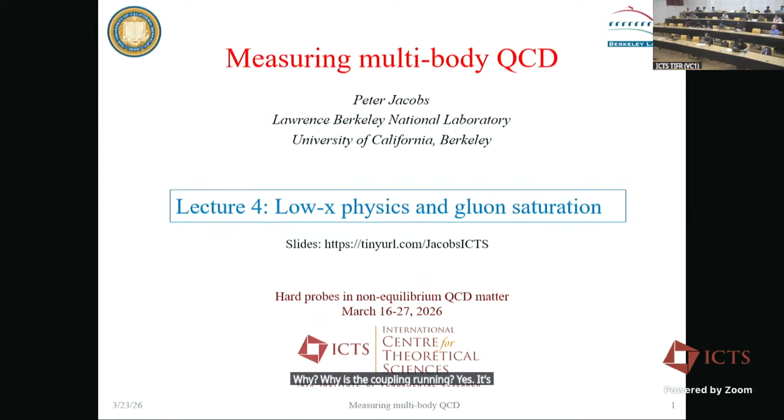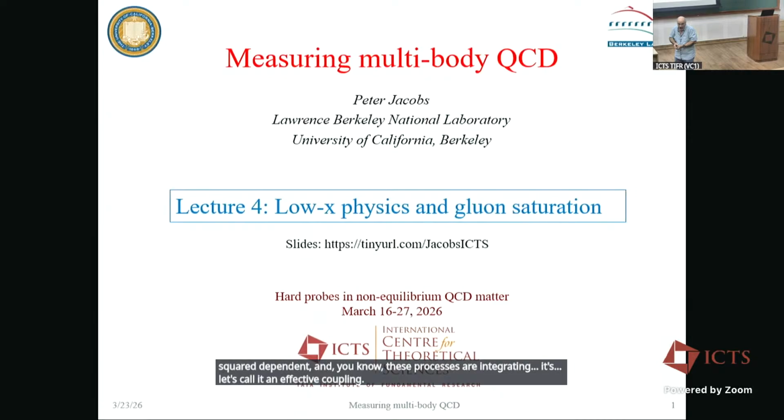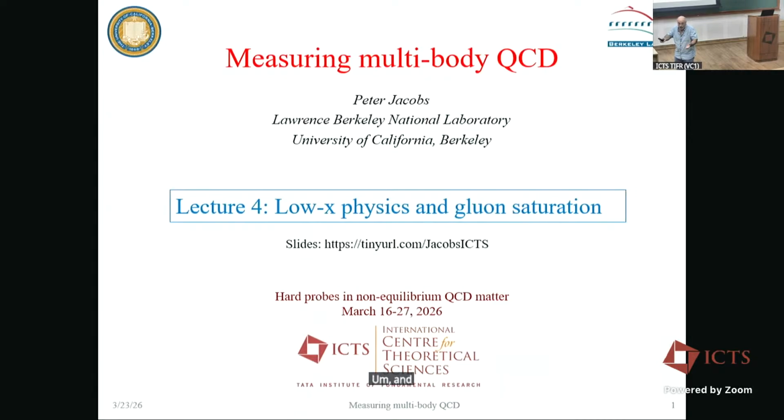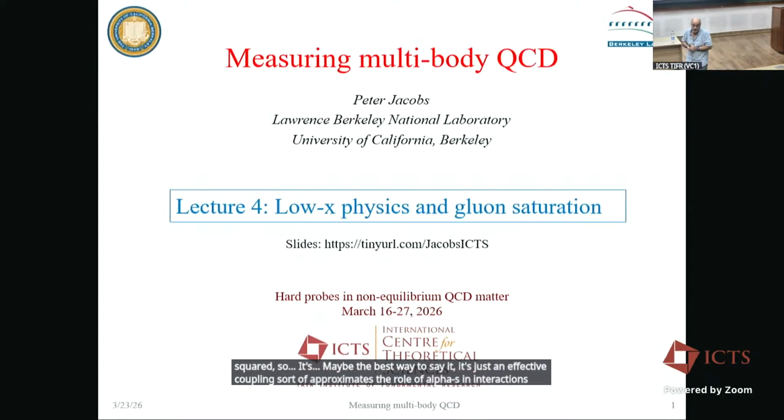It's a bit suggestive to use the phrase alpha S. Alpha S is a fundamental constant, but it's Q squared dependent. These processes are integrating, so let's call it an effective coupling, and it will run with Q squared. Maybe the best way to say it is that it's an effective coupling that approximates the role of alpha S in interactions in this hard thermal loop formulation.